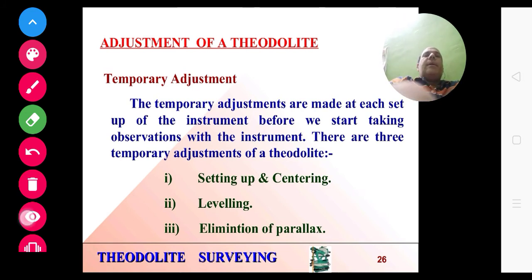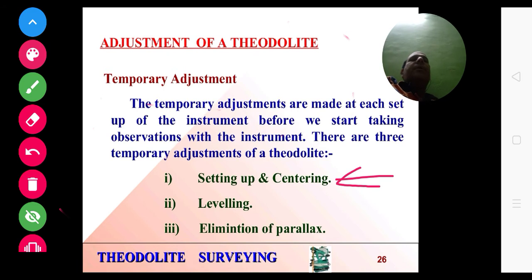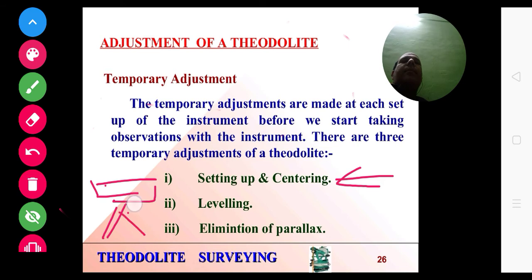What are the temporary adjustments of the theodolite? The main temporary adjustment before using the theodolite in the field is setting up the theodolite. While setting up the theodolite, what you have to do is fix the theodolite on the tripod stand to a convenient height and approximately level it.